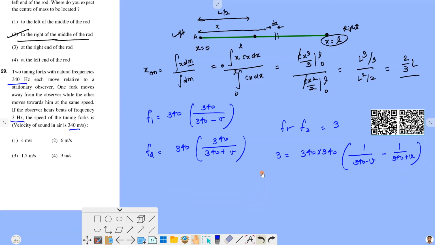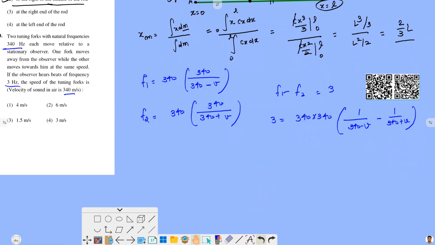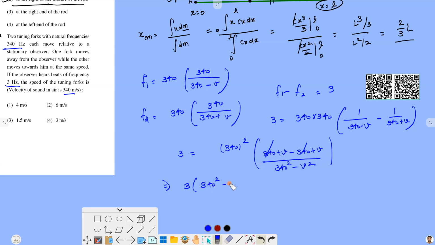And this can be written like that: 3 is equal to 340 square, and here we will have 340 square minus v square, here we will have (340 plus v) minus (340 minus v). So 340 gets cancelled, and what we will have? We will have 3 into (340 square minus v square) is equal to 340 square into 2v.